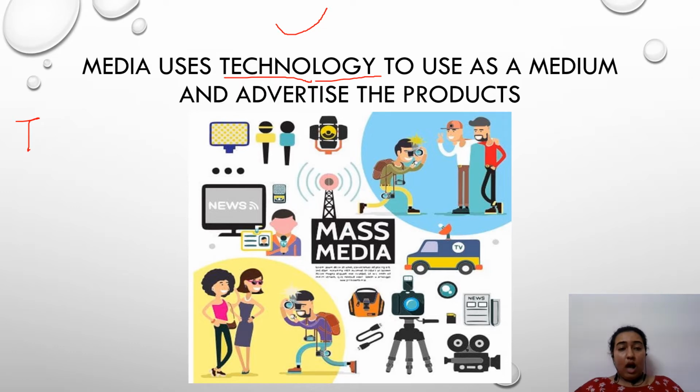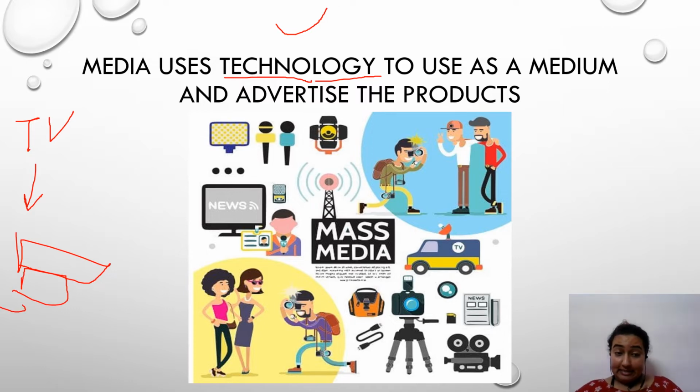Now, how is television using technology? Is television only using images, screens? No. It is using satellites. It is using so many different technological aspects. It is broadcasting live matches.